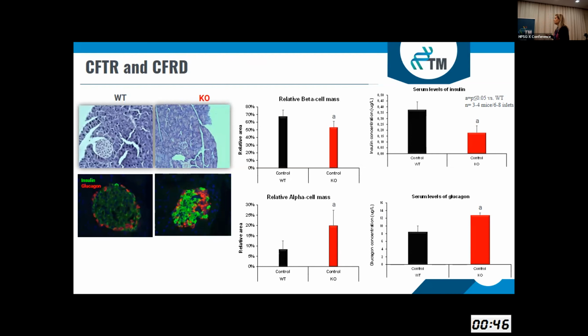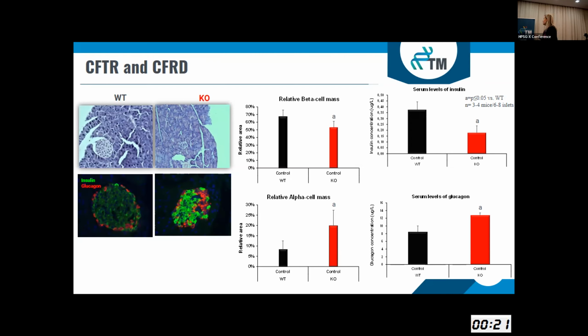As you can see, the islet is disrupted in the absence of CFTR. We also investigated the number of beta and alpha cells in the islets, and we found that the number of beta cells decreased in cystic fibrosis.